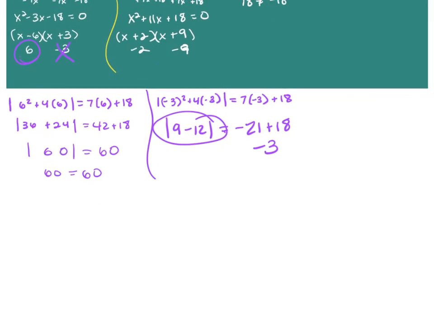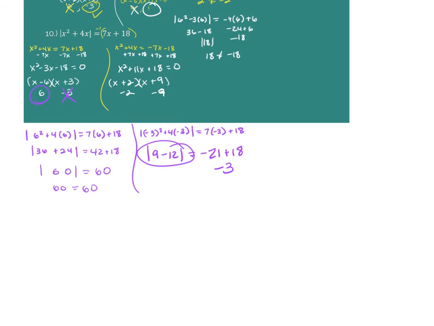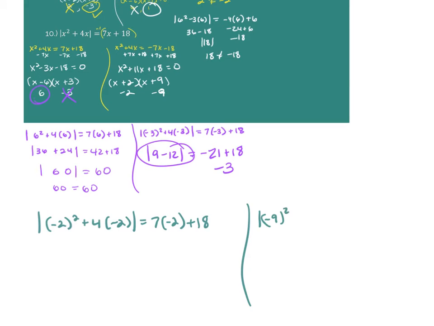Go to the last two. Absolute value, negative 2 squared plus 4 times negative 2, equals 7 times negative 2 plus 18. Absolute value, negative 9 squared plus 4 times negative 9, equals 7 times negative 9 plus 18. So work this side out first because we can cancel it out if it's negative.